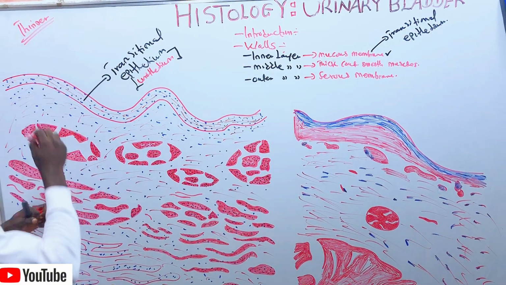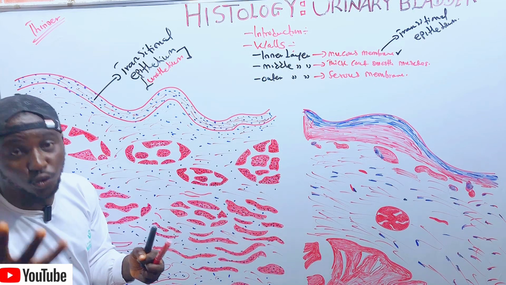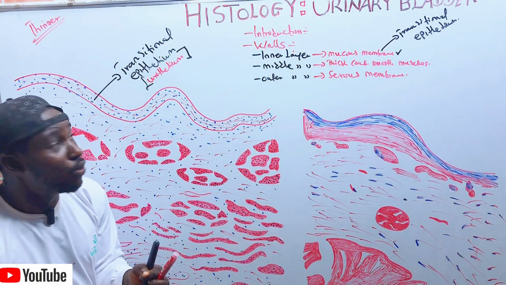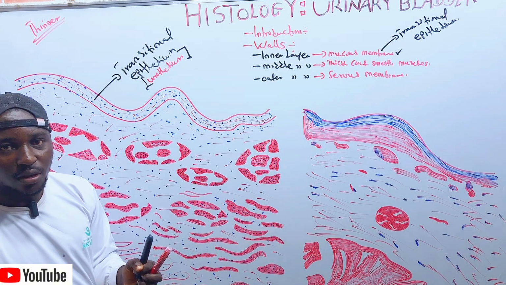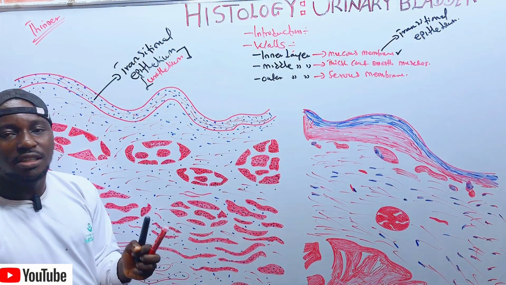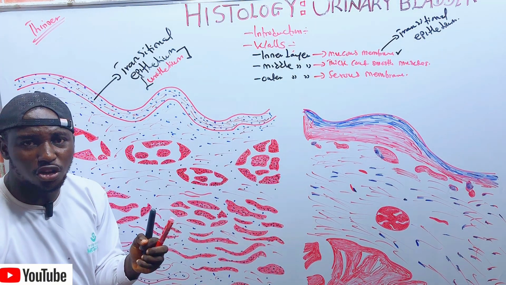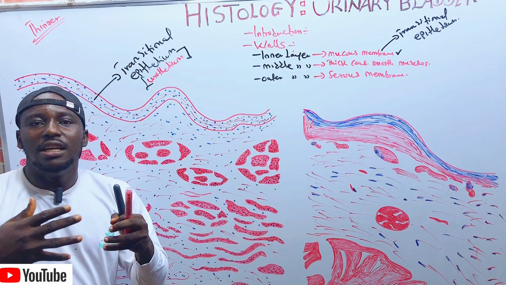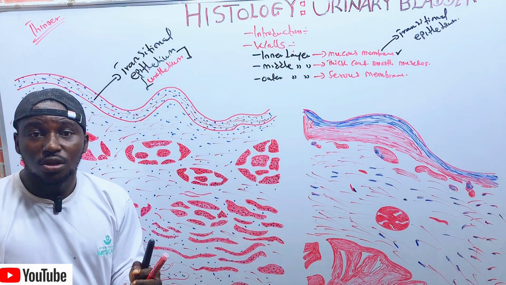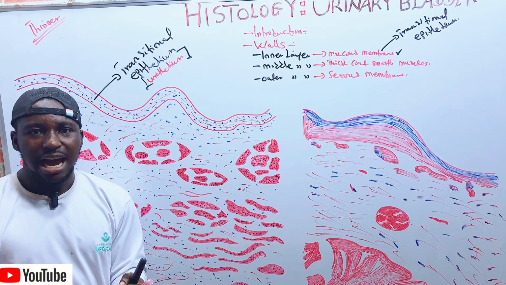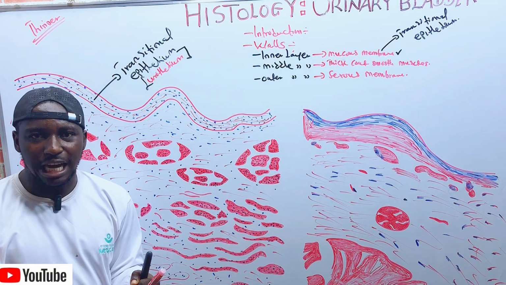The lining epithelium, which is the transitional epithelium, becomes thinner. And it becomes thinner because the epithelial cells have the ability to do what? To change shape and shift over one another.